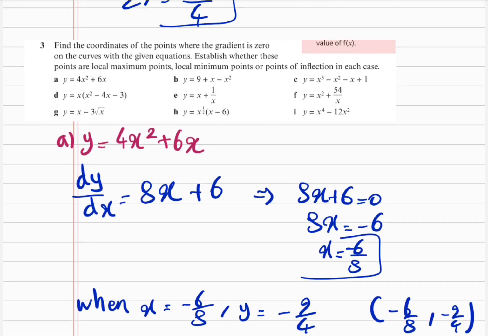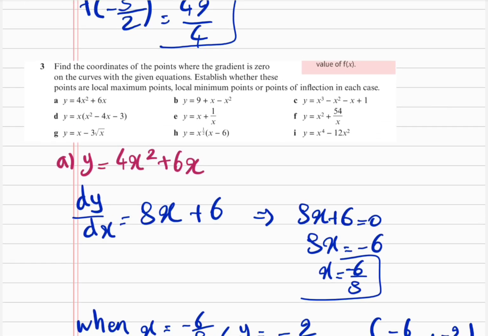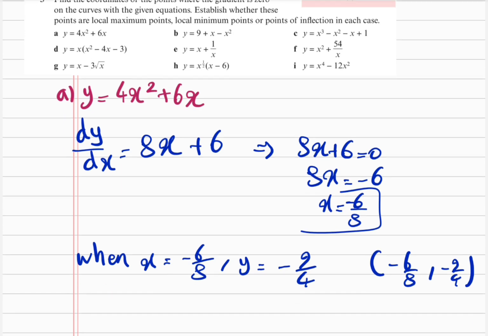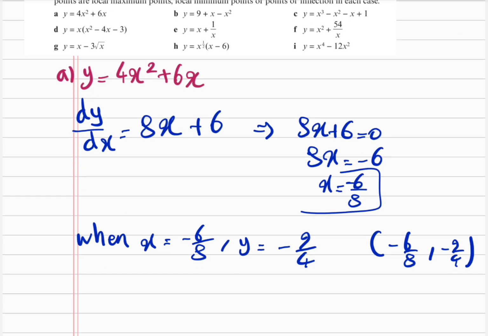Okay, so now that we have the coordinates of the stationary point, we need to establish whether it is a local maximum, minimum, or point of inflection. In order to determine the nature of a stationary point, we need to find the second derivative first, and by considering the value of the second derivative, we can then determine whether it's a minimum, maximum, or a point of inflection.